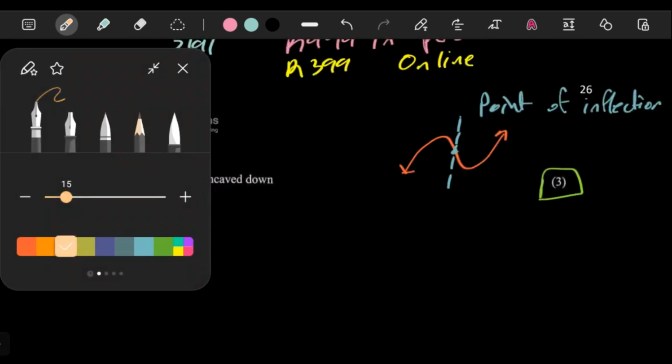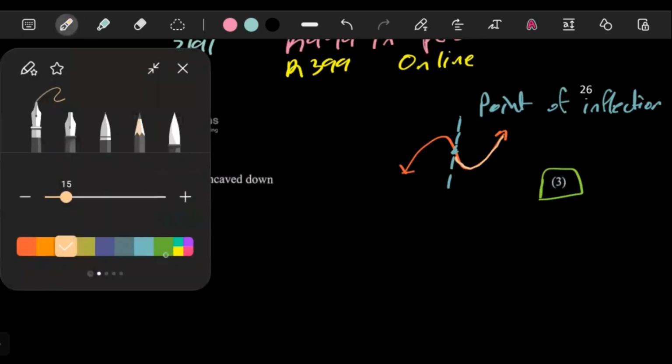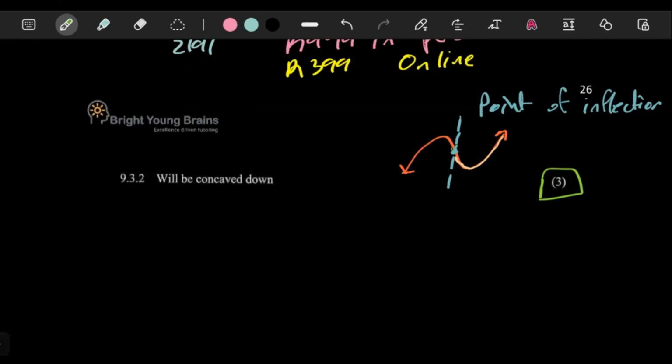The reason is, the side that's smiling is concave up, and the side that's frowning is concave down. So in our case, we want the left side of the point of inflection. We have to differentiate twice and make our equation equal to 0.